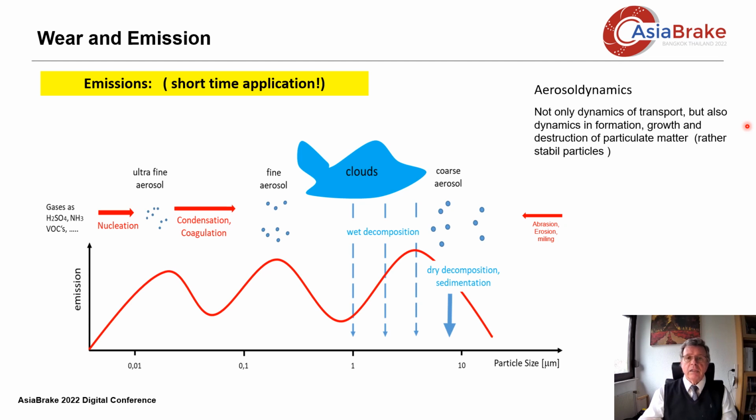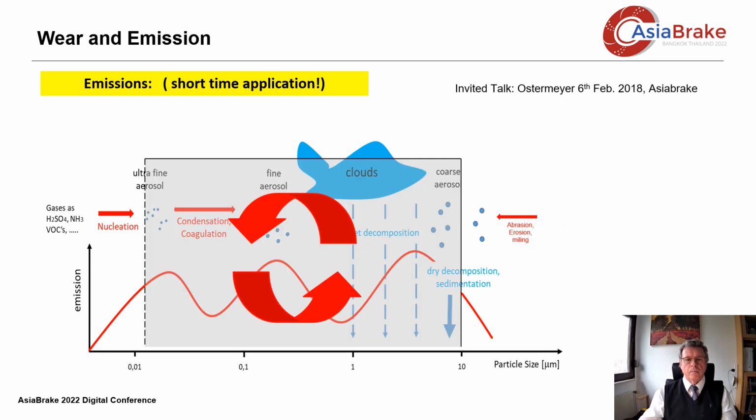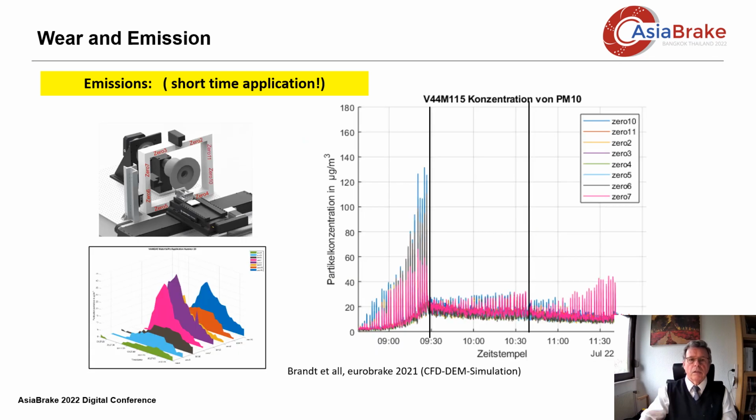From the right, abrasion, erosion, and milling processes can cause a stream of particles coming to the middle of this diagram. The middle part of the diagram just marks a size range with very stable and long-living particles in our atmosphere. Brakes emit particles exactly in the middle of this window.